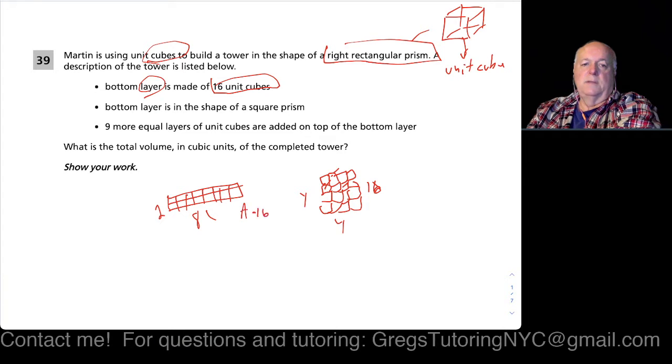And lastly, we can also have a 1 by 16, and there should be 16 of those in there. Okay, these are all possible scenarios of what the bottom can look like.